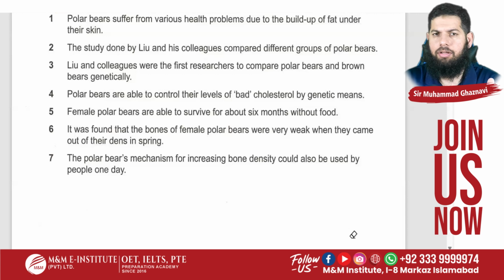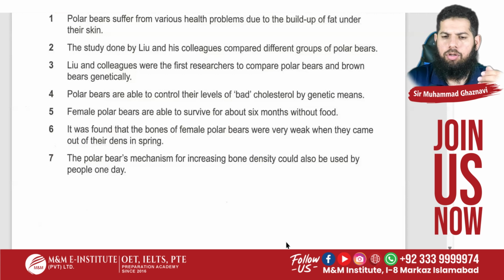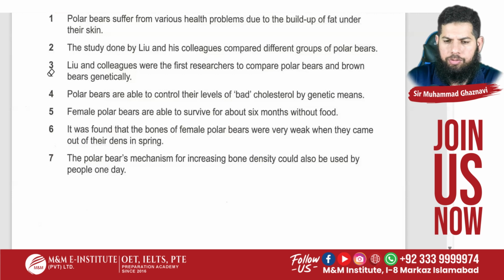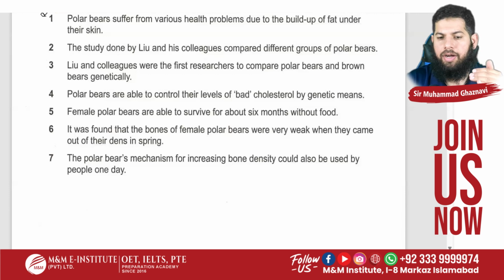For the sake of example, right now we can see on the screen we have 7 questions. If question number 1 was, let's say, false, and you were not able to find question number 2, and you were able to find question number 3, you have to mark the boundaries. In between the boundary of 1 and 3, you need to find question number 2. If you won't be able to find if it's true or false, then it should be not given.